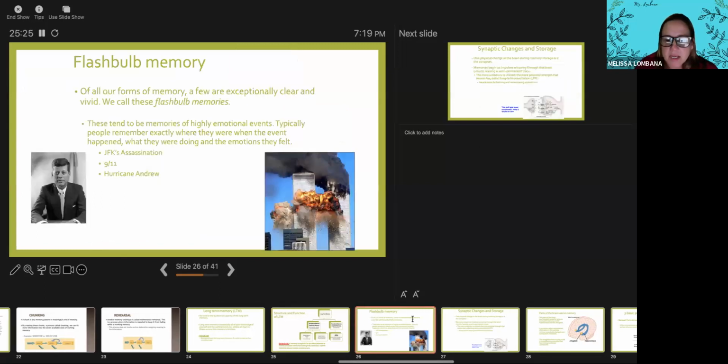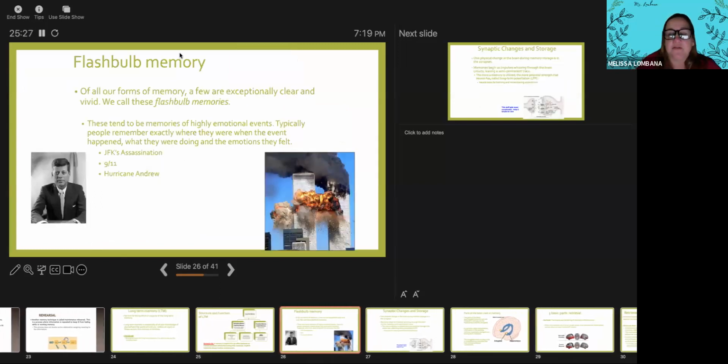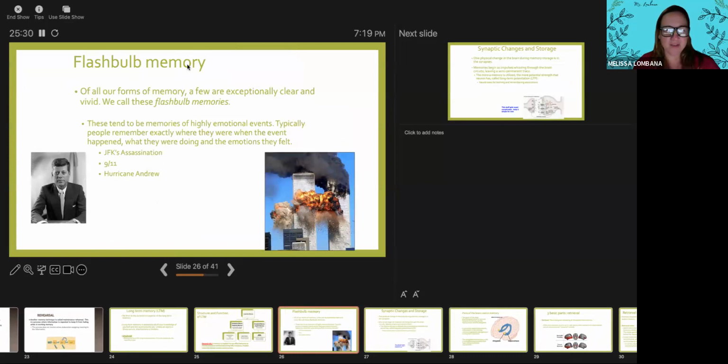All right. Now, I want us to talk about flashbulb memory, and this is its own subtopic. It is stored definitely in your long-term memory, but flashbulb memory is basically when you have a vivid and clear image or memory of an event. Now, usually that event is either worldwide, and make sure you're writing all this down. So it's a vivid and clear memory.